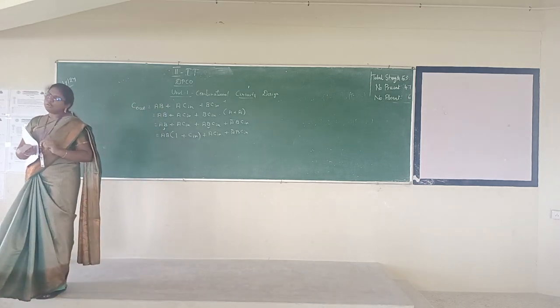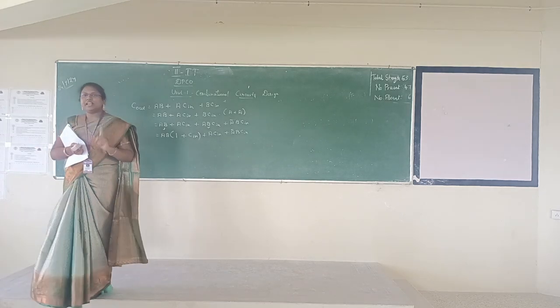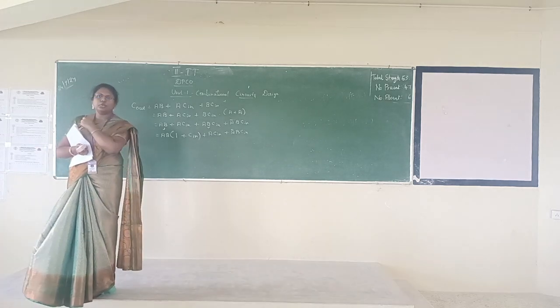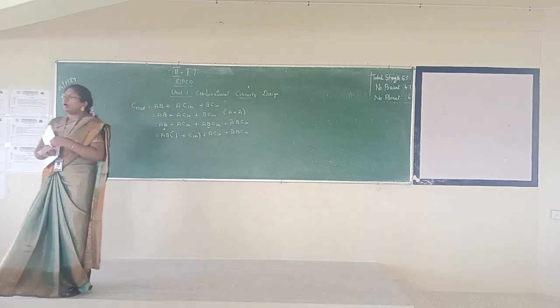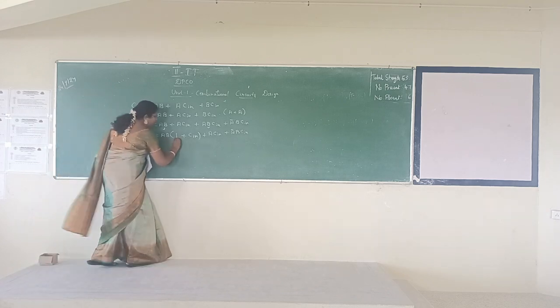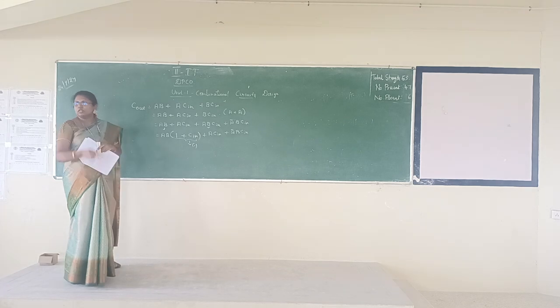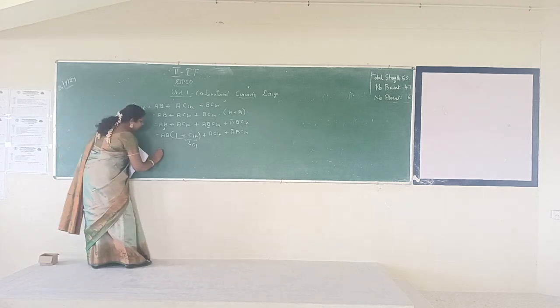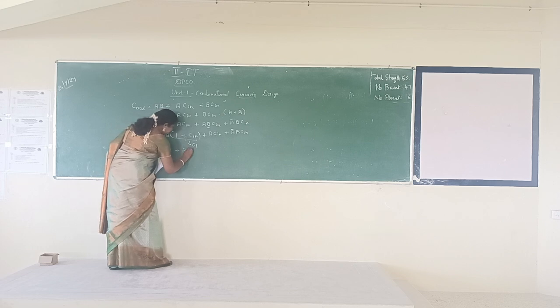You have one of the laws, rules or theorems: 1 plus A will be 1. So 1 plus A, or 1 plus B, or 1 plus C, or 1 plus C in will be 1 according to the Boolean laws. So what is the next step? AB plus AC in.